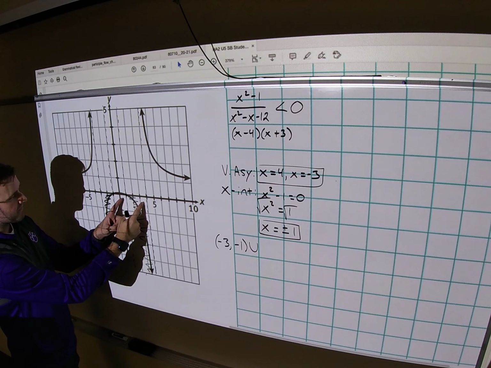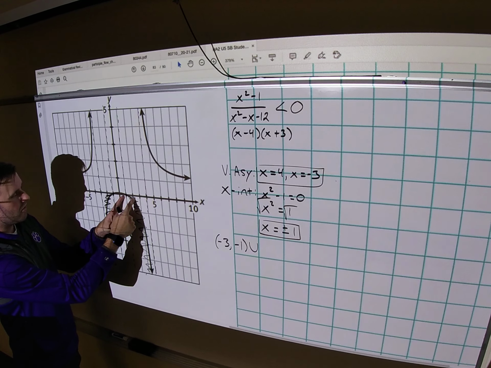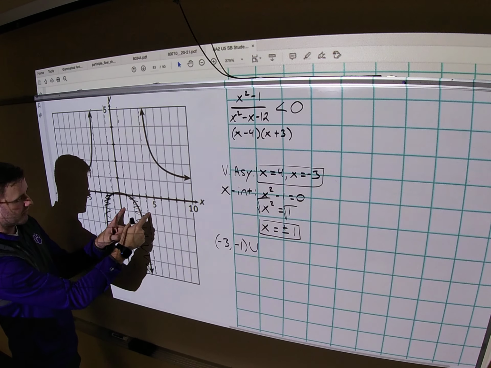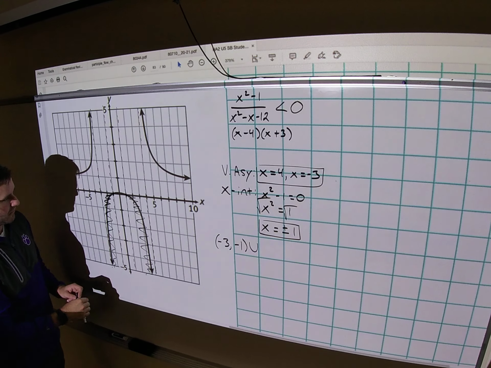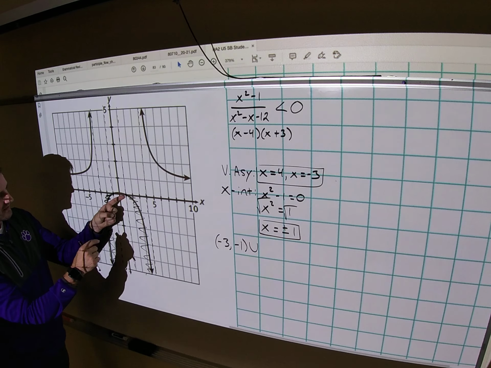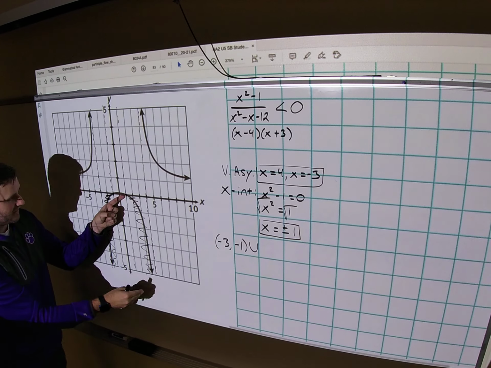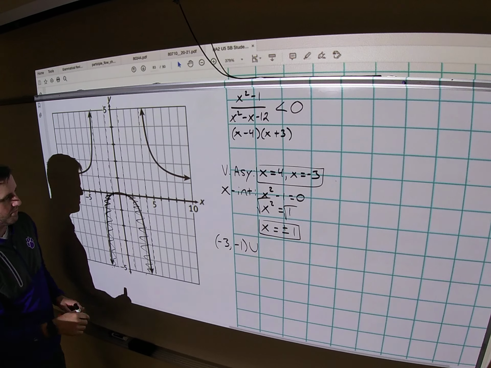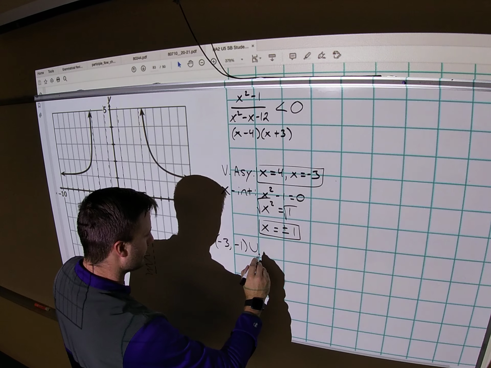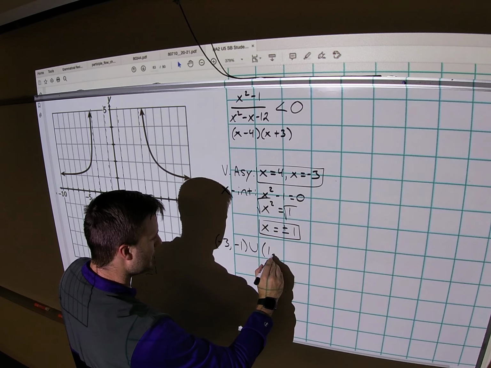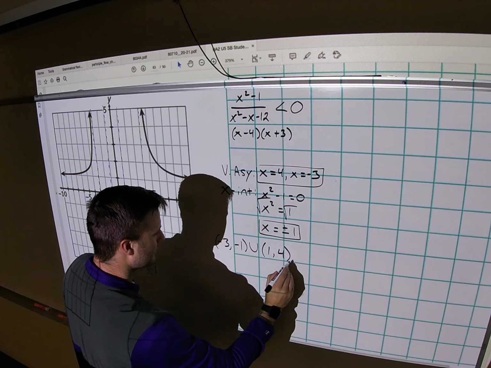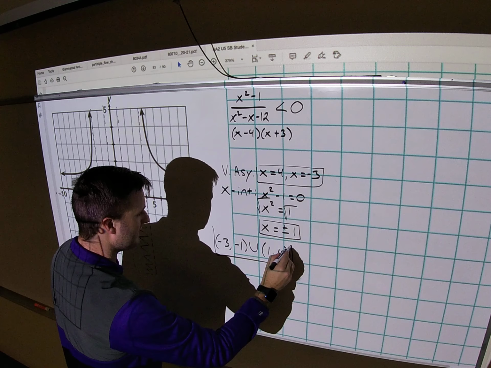My next piece is going to be from positive 1 all the way to positive 4 where this asymptote is. So from where it crosses the x-axis at positive 1 and it goes down from there all the way to positive 4 at that vertical asymptote. So 1, comma, 4. And this would finally be our answer.